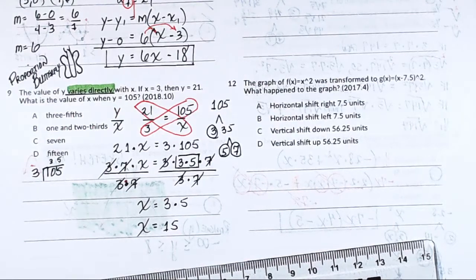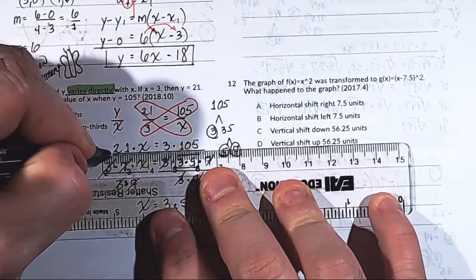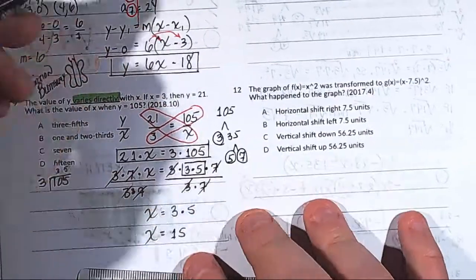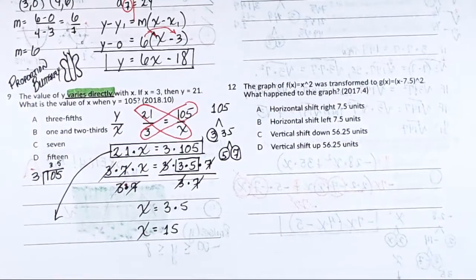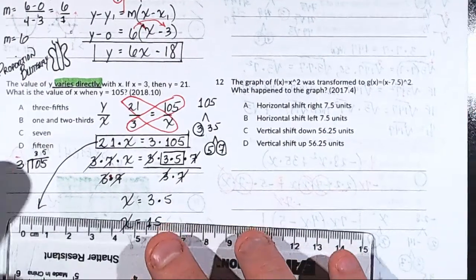So if you did not remember how to do that, then my recommendation would be to set this proportion up just like this. Okay, you have it just like this, and then if you really didn't know what to do, there's 2 ways.